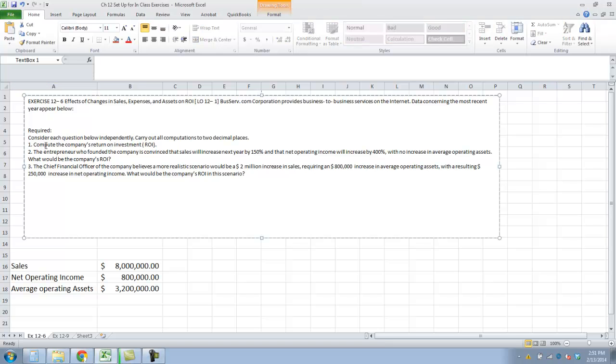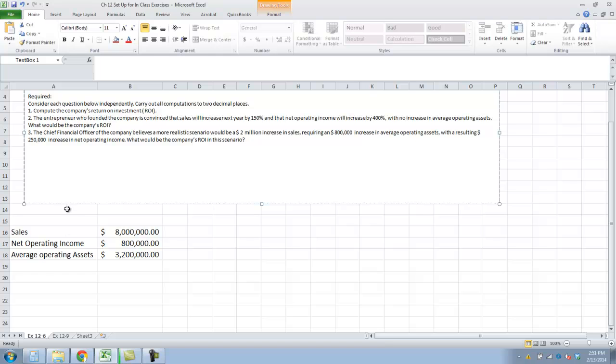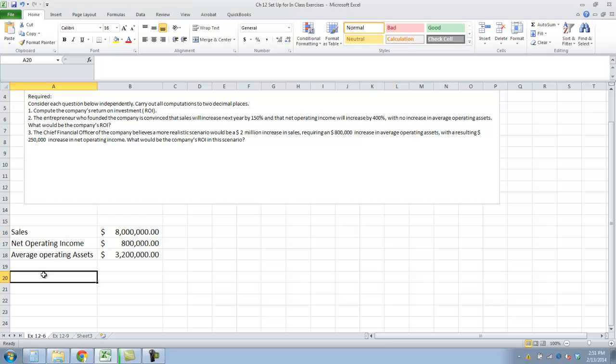1. Compute the company's return on investment, or ROI. So, the way that we compute ROI equals margin times turnover.